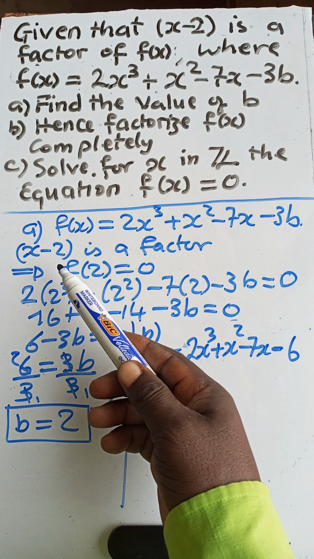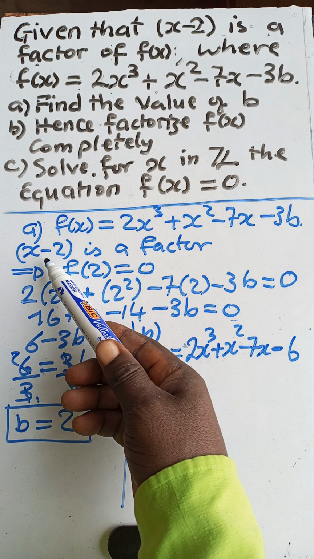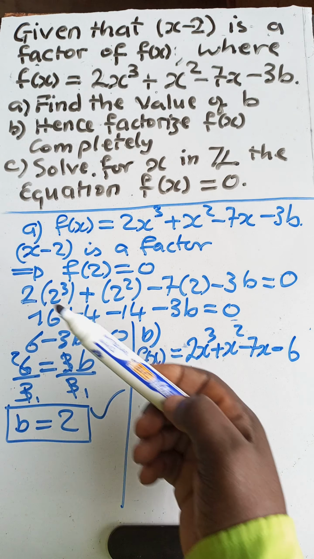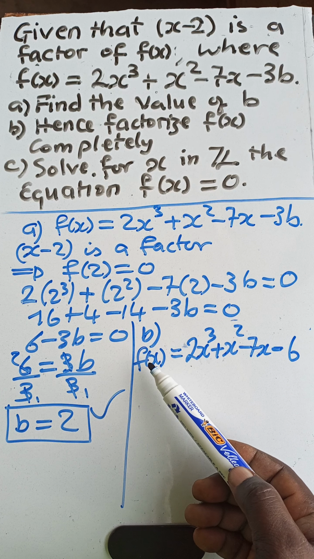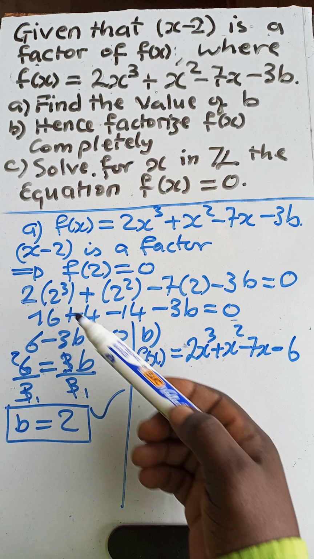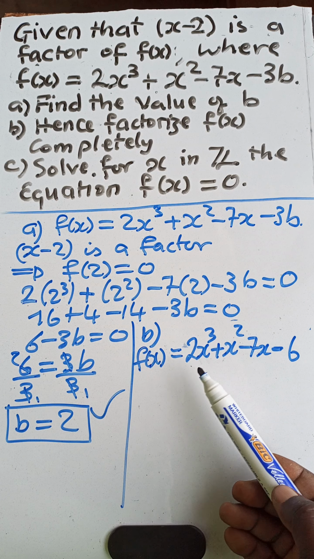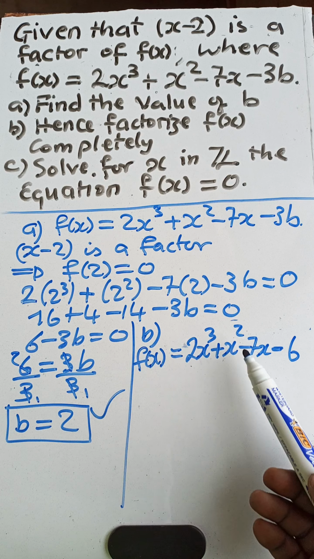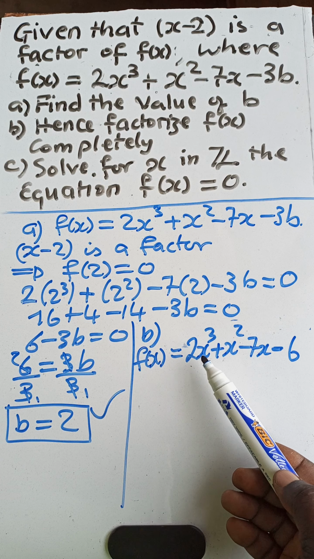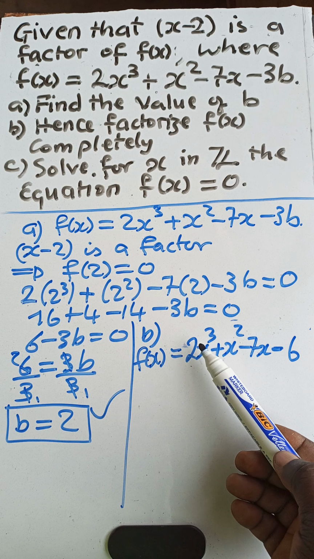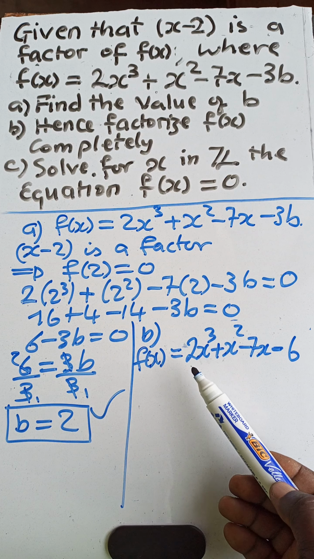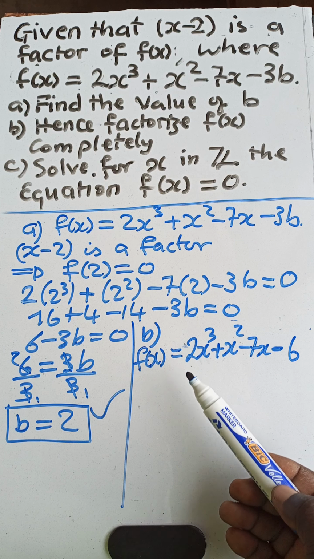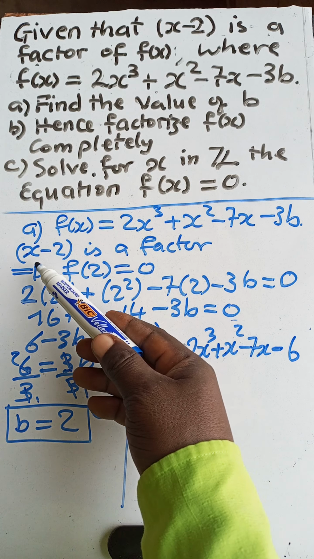Already in the question, one of the factors was given to us. x minus 2 is one of the factors. So we are going to carry out Euclidean division. We're going to carry out f of x divided by x minus 2 so that we can reduce the power. The quotient that we'll obtain will be a quadratic expression, which will be a lot easier for us to factorize to get the remaining 2 factors. This is already the first factor.